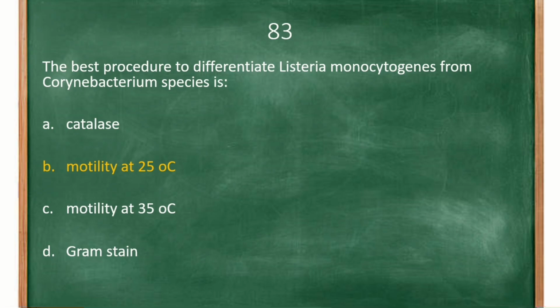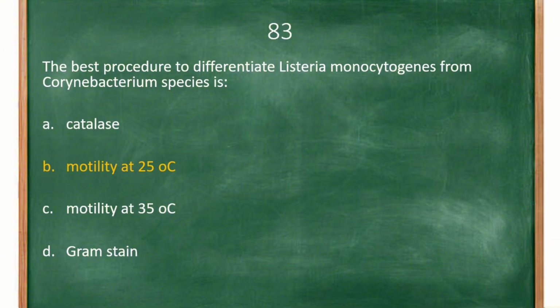Then if you look at option A, catalase test is actually positive for both of the organisms, so you cannot use it to differentiate them. Then motility at 35 degrees Celsius, all the organisms are not motile at that temperature, so that answer is also not correct.